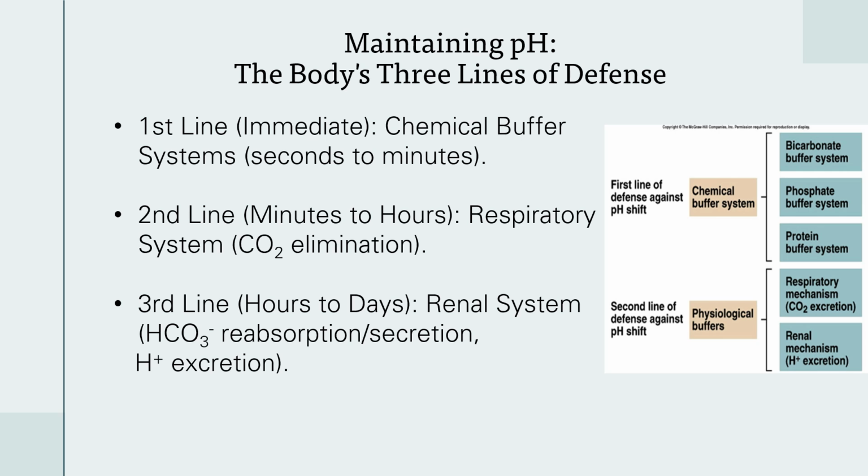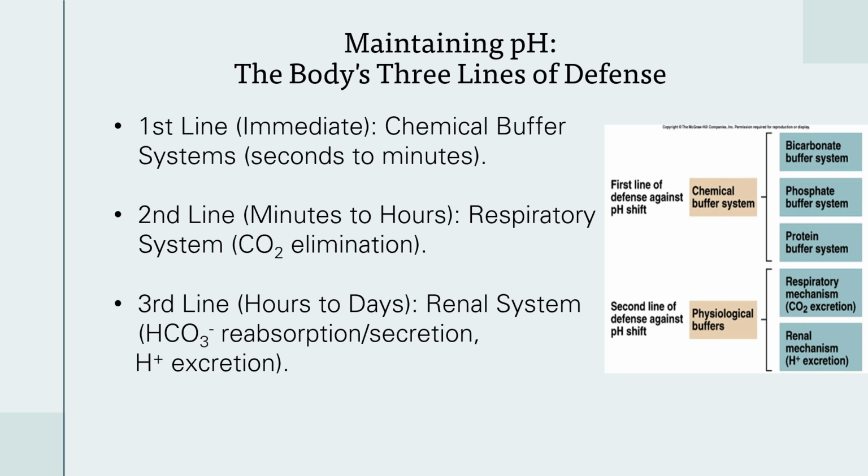And then you also have the phosphate buffer system, and protein buffer systems like hemoglobin, which are involved in maintaining a certain level, depending on whether there's too much acid or too much base, to regulate the hydrogen ion concentration.